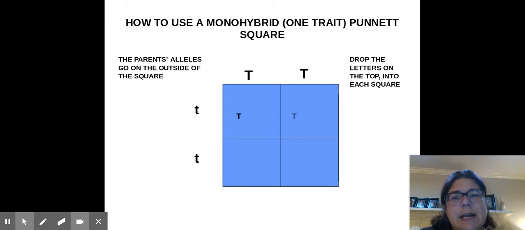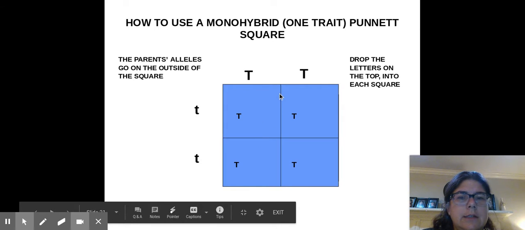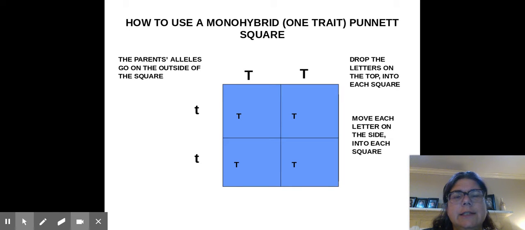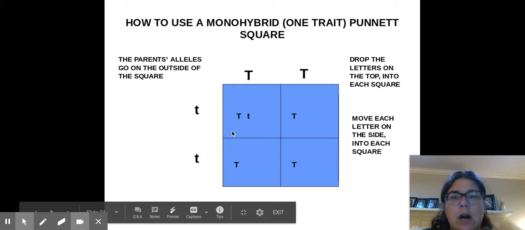There's our big T, and notice the big T goes down again, and this big T goes down again. Now move each letter on the side into each square. So we have our little t going across. See, it's going across. And that goes there. And now we move this little t here and here.